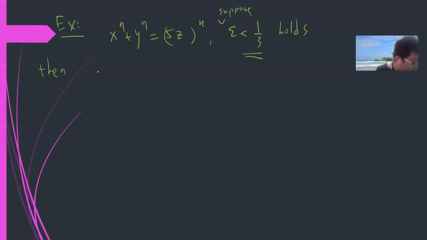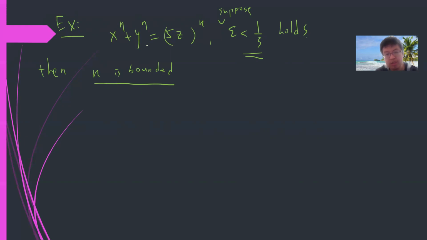Then what? Then I can prove that, okay, I can prove that n is bounded. So this is very weird: suppose epsilon is less than 1/3, or basically suppose I believe that the ABC conjecture holds for epsilon less than 1/3, then I can prove that this n is bounded.